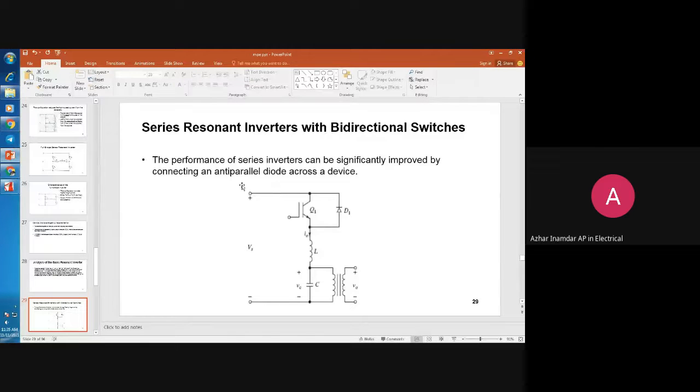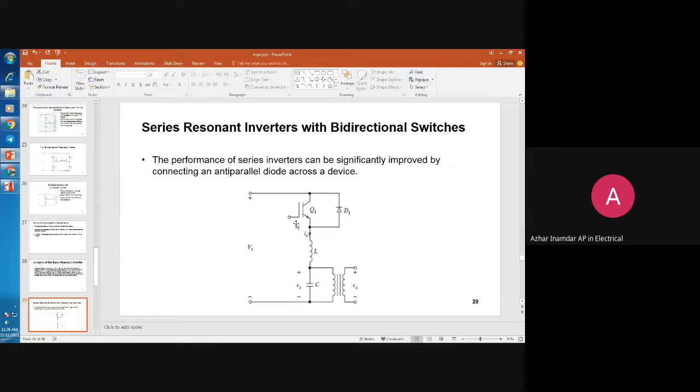For the resonant inverters with unidirectional switches, we have already seen the power devices have to be turned on in every half cycle of the output voltage. This will limit the inverter frequency and the amount of energy transfer from the source to the load. Also, in addition, the devices are subjected to high peak reverse voltage.